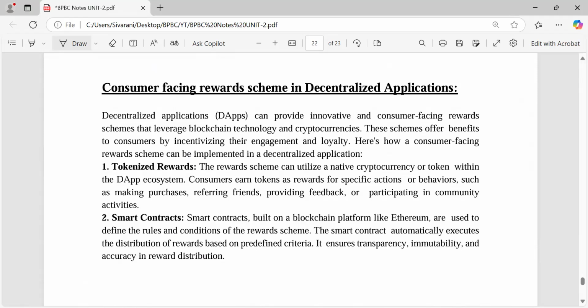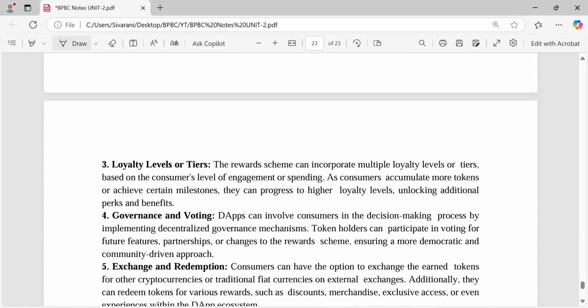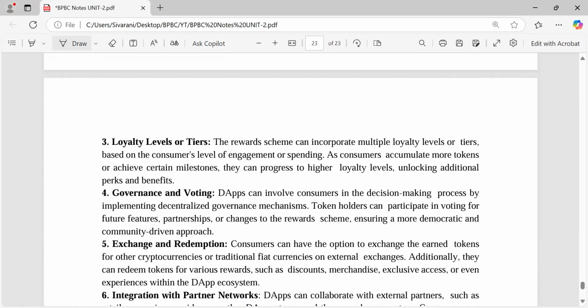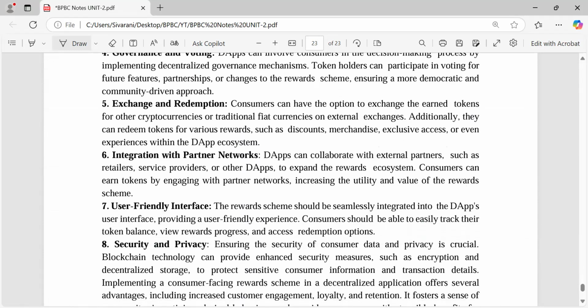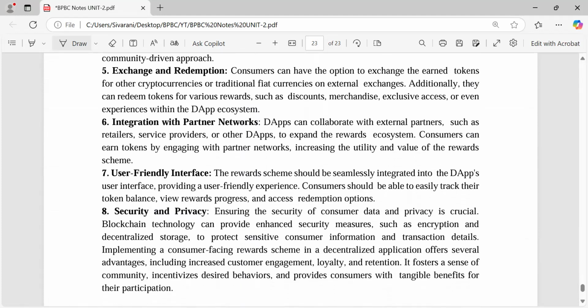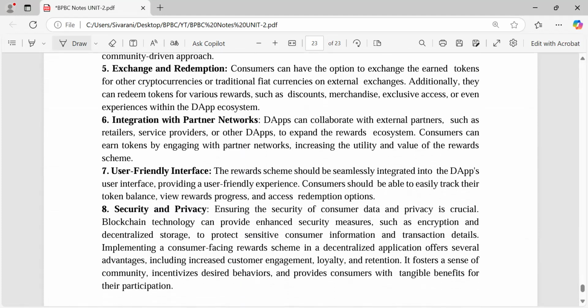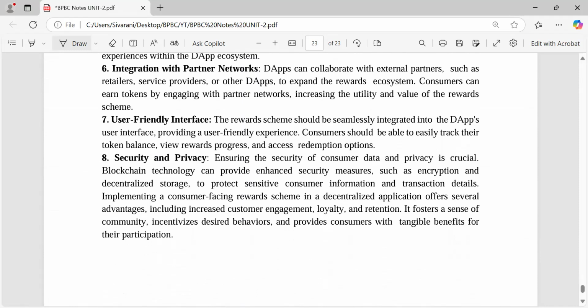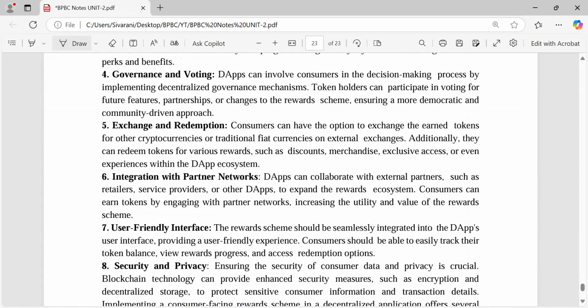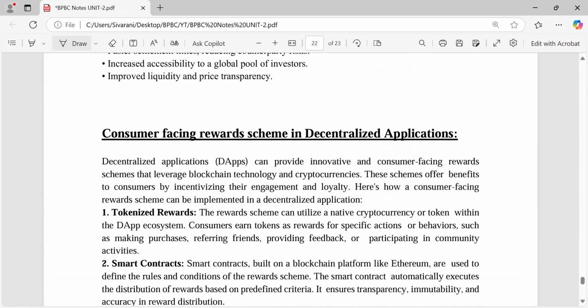Loyalty programs incentivize consumer engagement by offering rewards through tokenization rewards and smart contracts like Ethereum, loyalty levels or tiers, governance and voting, exchange and redemption, integration with partner networks, user-friendly interface, security and privacy. So these are the different consumer-facing reward schemes in decentralized applications.